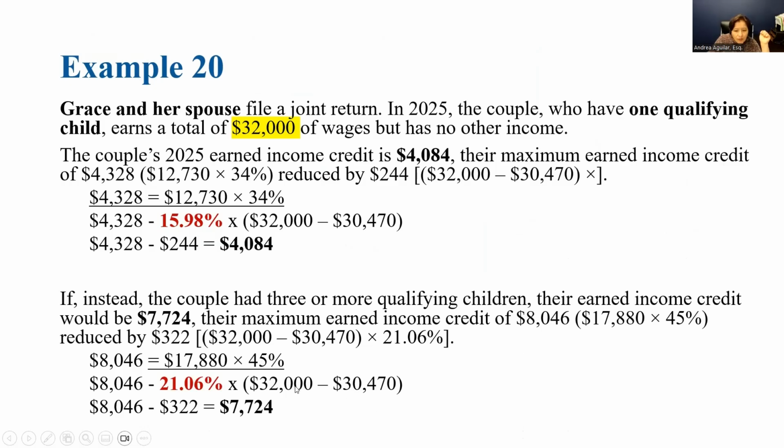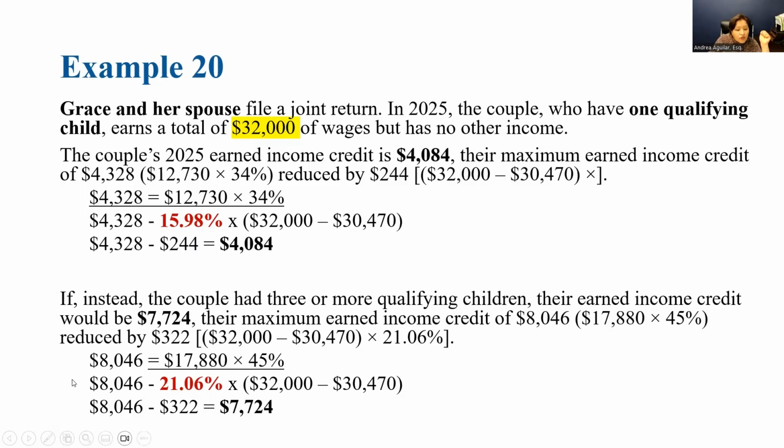So this couple has $32,000 of earned income. So the excess over the phase out base would be the same. And I forgot how much that was. The excess would be 1,530. So 1,530 times 21.06%. So that gives us $322.